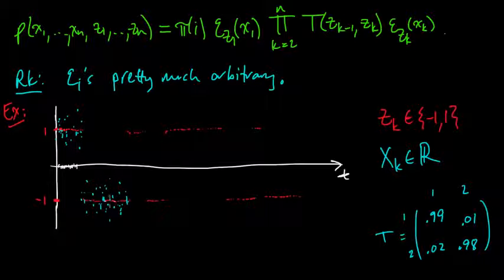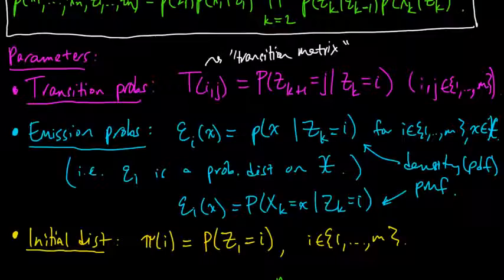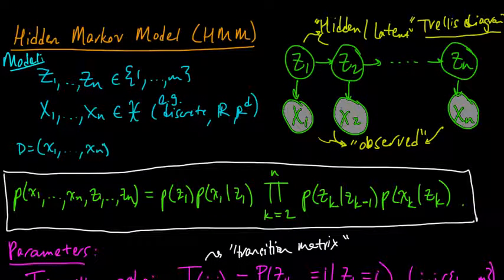Each of these values depends only on zk. Conditioned on zk, xk is conditionally independent of everything else.